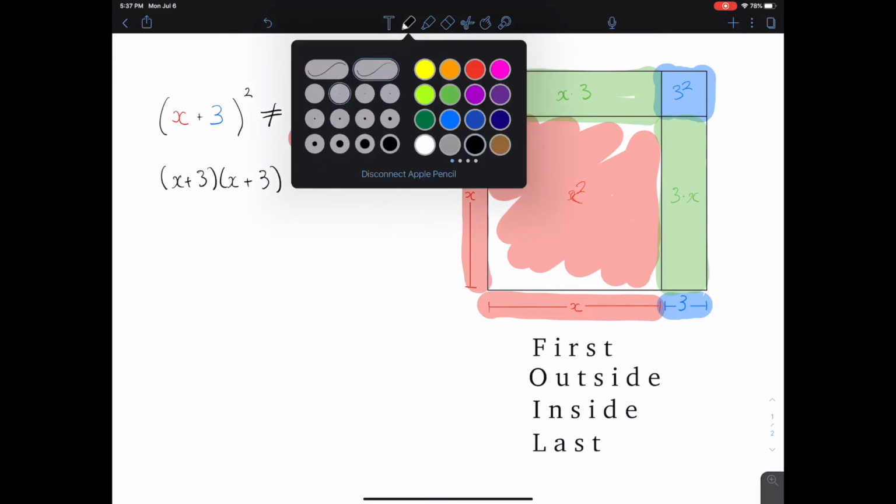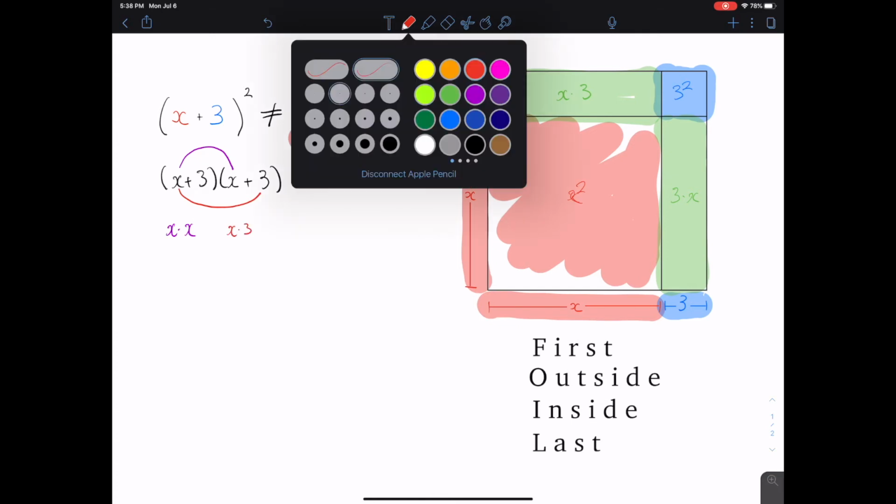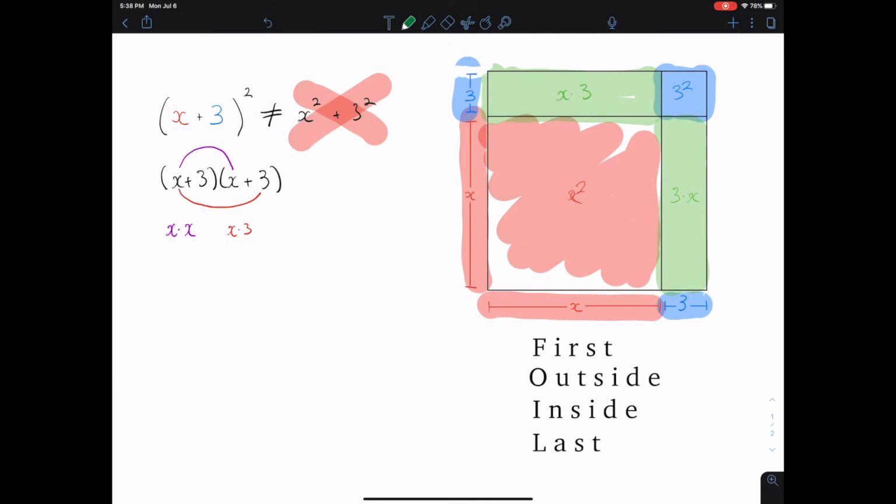To begin, we first pair the first terms, first with first, so that's x times x. We then pair the outside terms, in this case x with 3, x times 3. Then we pair the inside terms on the inside of the bracket pair, giving us 3 times x.